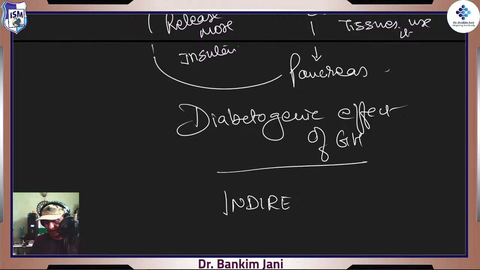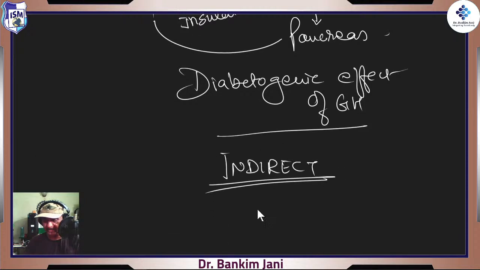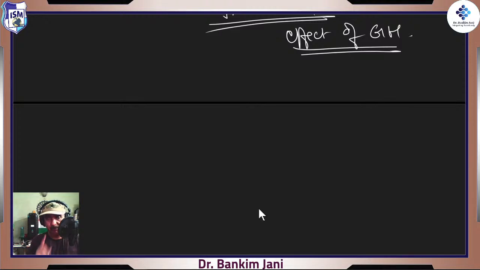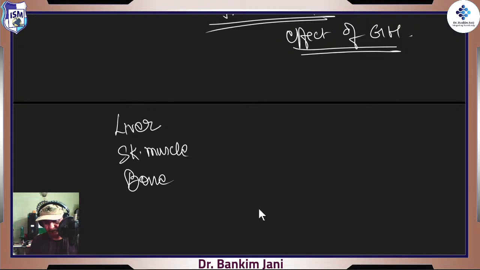And what about the indirect method? How is it affecting indirectly? So this is the indirect effect of growth hormone. The indirect effect is, as we said, that the liver, skeletal muscle, and bone secrete somatomedin.